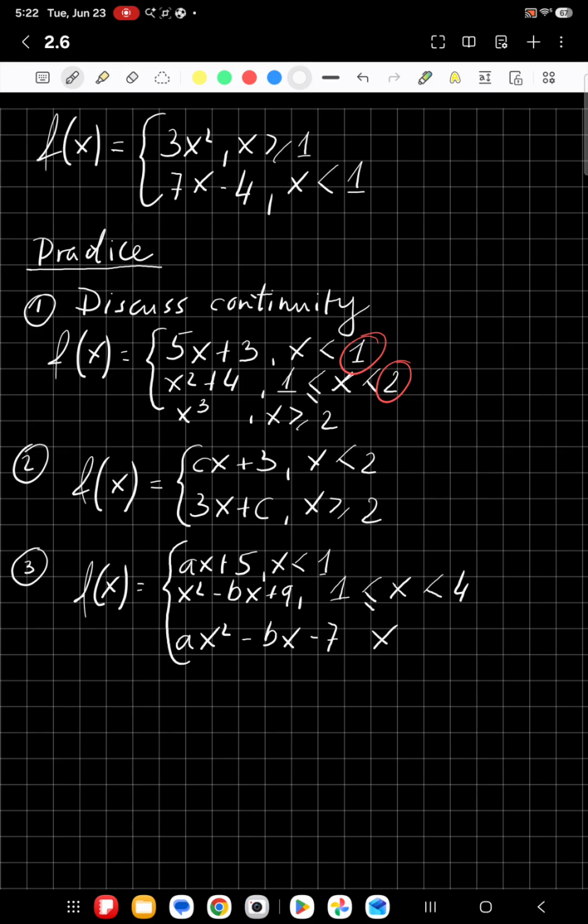And the interval here is x is greater or equal than 4. So you need to find those coefficients. There's a, b, and there's no c, I guess. But you have those 2 coefficients here.